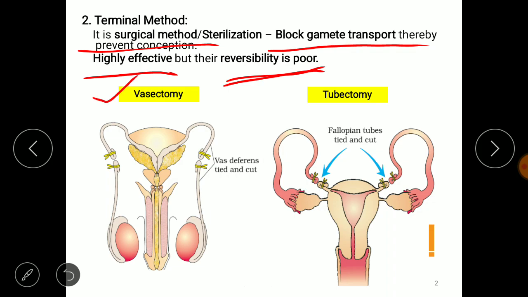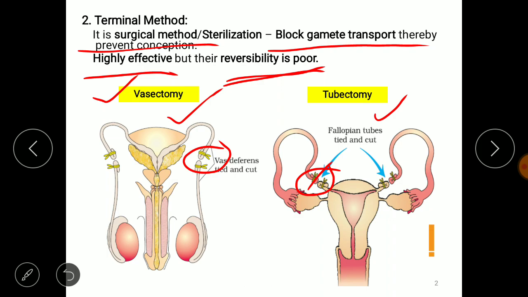Vasectomy is done in the male where the vas deferens is cut and tied like this, whereas tubectomy is done in female where the cut is made in the fallopian tube and then tied up so that here the sperm and here the ovum cannot be transported.